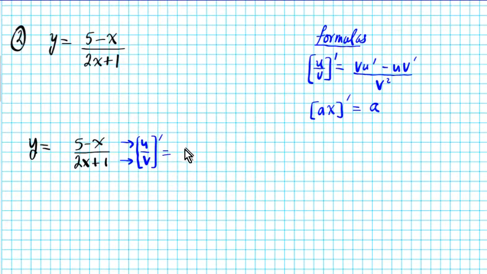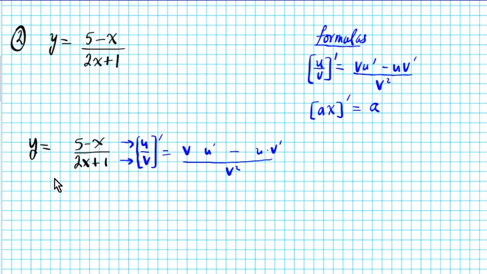Let's write out the quotient rule again. V times u prime minus u times v prime over v square. Okay? Now let's apply this label to this problem right here.